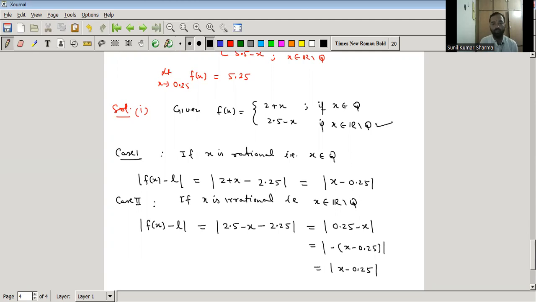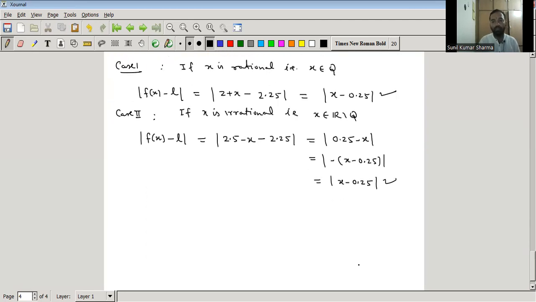So in both the cases, what we get, |f(x) - L| is same. If we take x rational, then again we estimate |f(x) - L|, we get |x - 0.25|. If we take x to be irrational, then again we get |f(x) - L| to be |x - 0.25|.